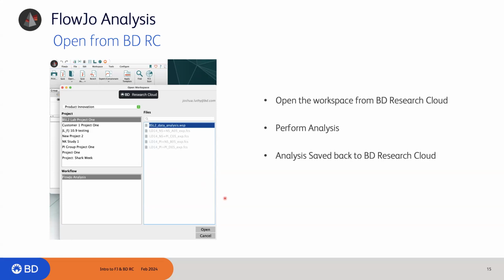You can choose to keep those files in the cache folder or clear it out, but when they're kept in the cache, the next time you go to open that same workspace, they no longer need to be downloaded and they just load quickly into your workspace. And then once you save, it just automatically goes back to BD Research Cloud, making it really seamless and simple to use.